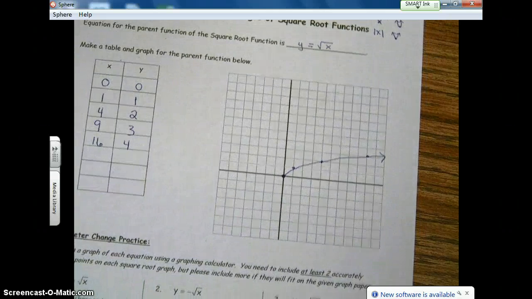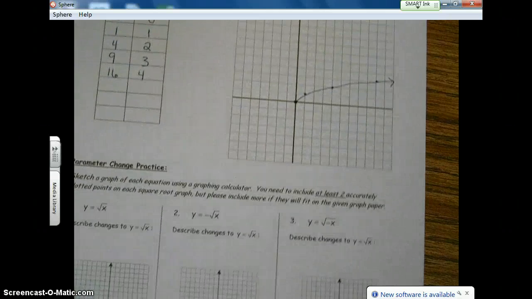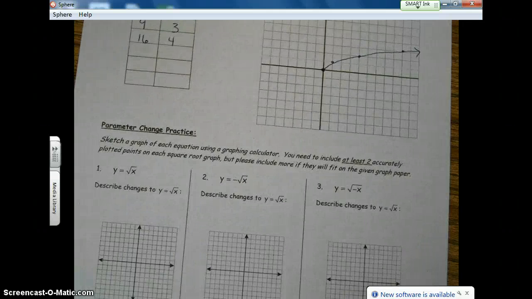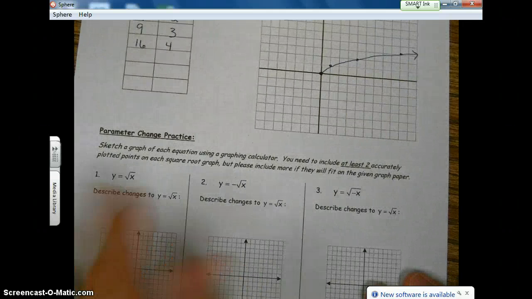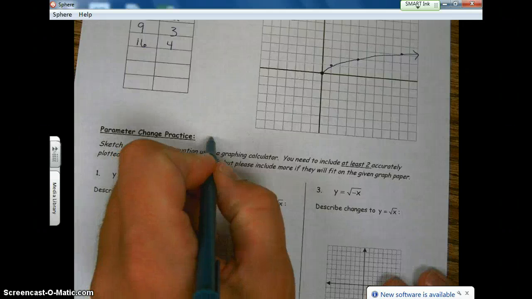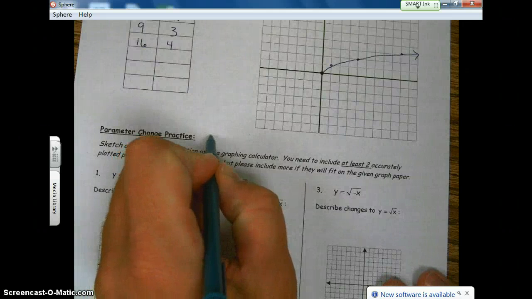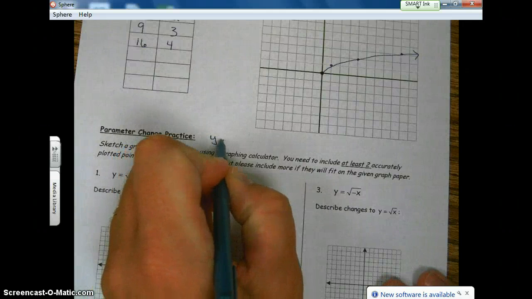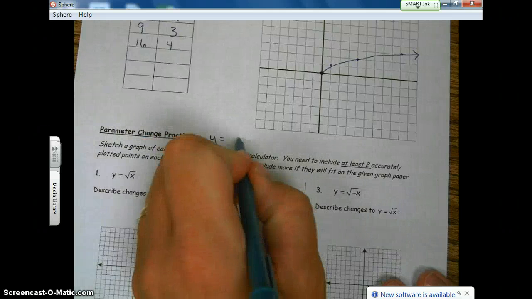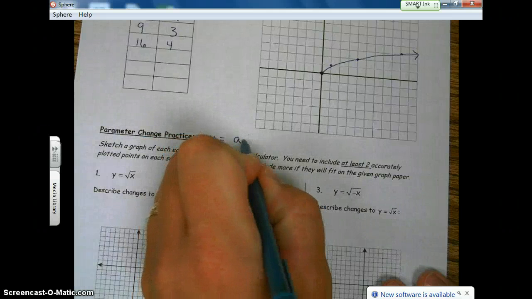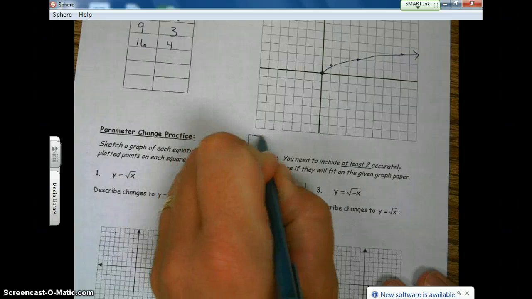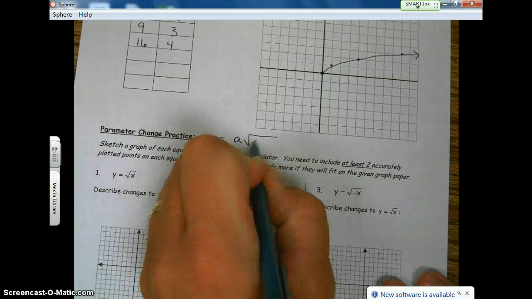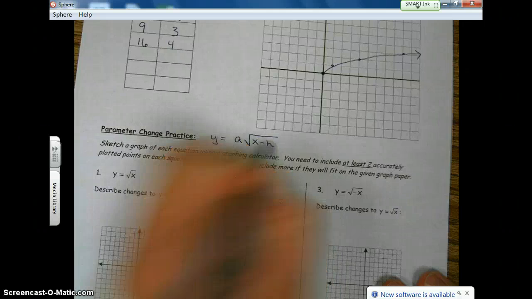Okay, so let's move down here and look at parameter changes. First of all, let me give you the equation with the parameter changes in it. So we're going to have y equals a times the square root of x minus h.